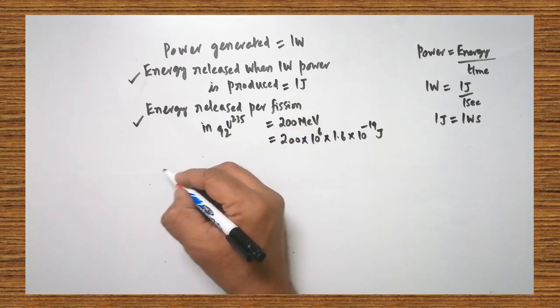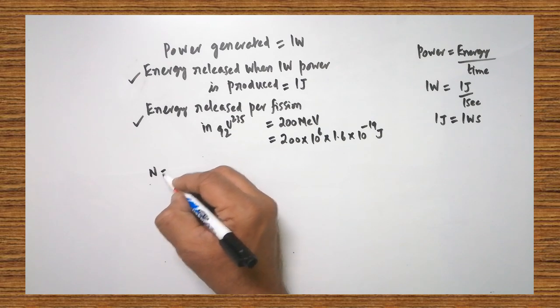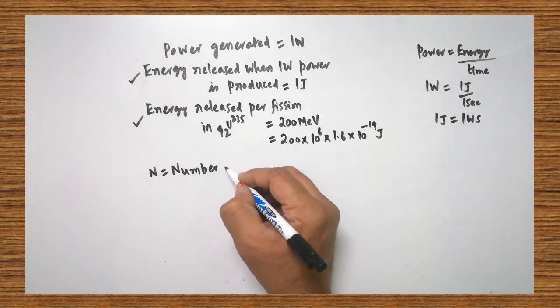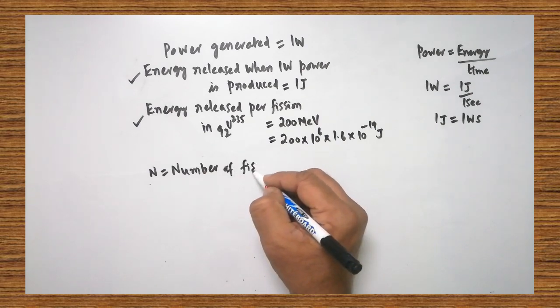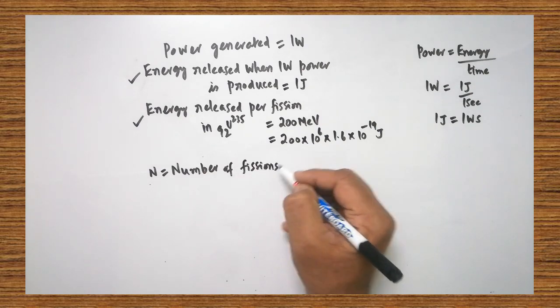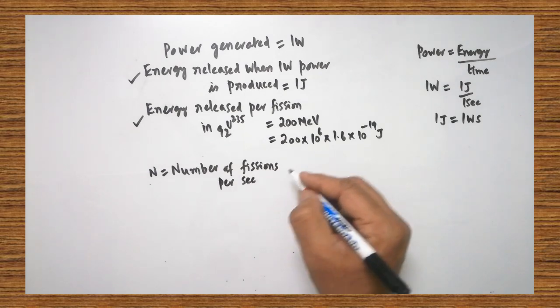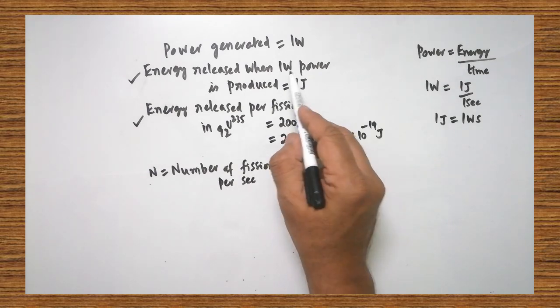So n, what is n? Number of fissions per second to be calculated. Number of fissions taking place per second when 1 watt power is produced.